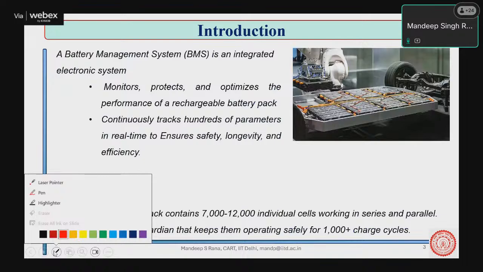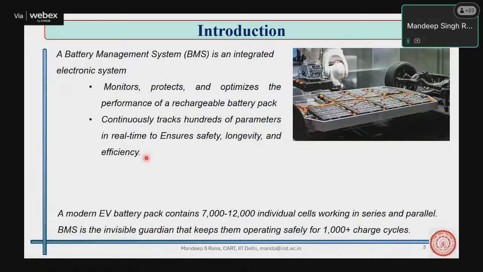So if I want to keep those things in a particular category, in what category would I say that a BMS is working? First thing I will say is that it senses a lot of data and it optimizes the sensor data to utilize in real-time estimations as well as some important actions.